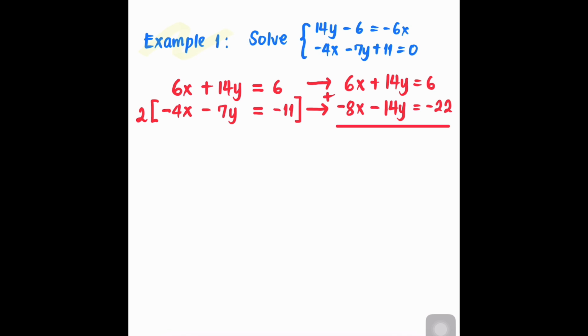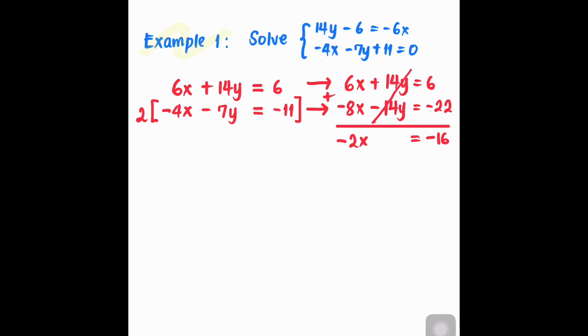So from here you can see 6x plus negative 8x results to negative 2x. And positive 14y plus negative 14y is actually eliminated. So that's the goal. And for the constant terms, we have 6 plus negative 22 is negative 16.